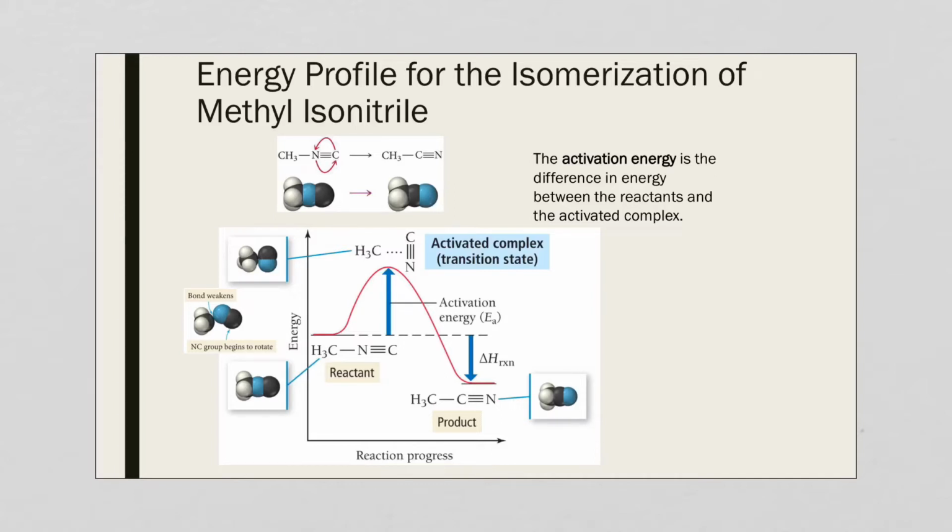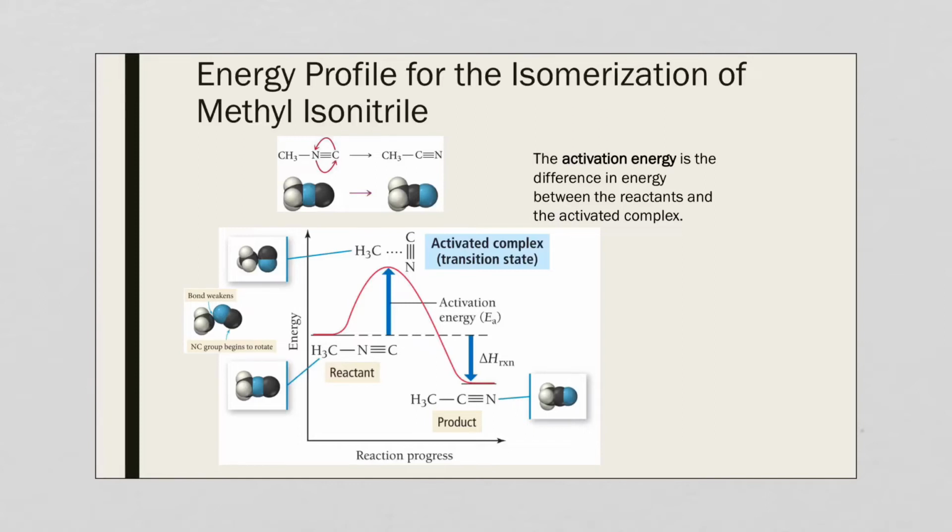So we can see we start out here. Now we have a barrier here. So we have our activation energy, and at the top, our activated complex is somewhere in between, and there's the beginning of the rotation of this triple bonded CN.